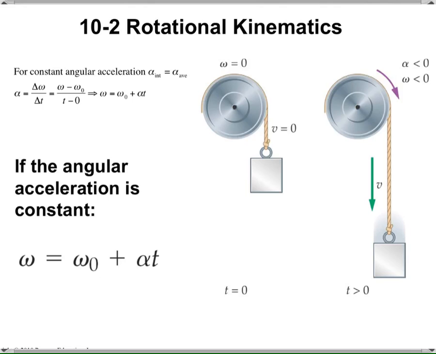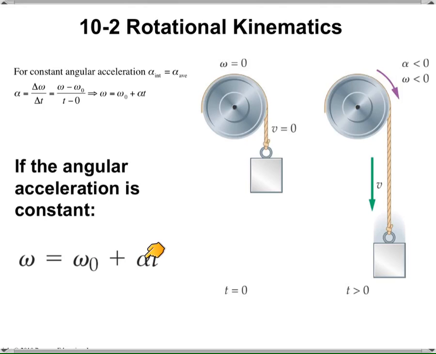When you release an object, for example in this case, from rest, you will see that this spinning wheel will have some angular velocity, but this angular velocity will change as the object falls down. It will increase because of the force. So this angular velocity can be expressed in terms of the initial angular velocity plus alpha times t.